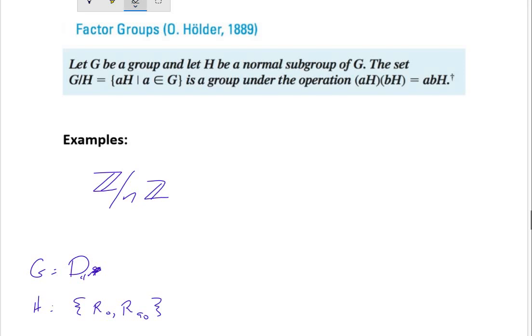Yes. All right. The subgroup generated by R90. So that would be all of those, right? Rotate it 90 degrees, 180 degrees, 270 degrees, and then you're back to the beginning. Okay? So is that a normal subgroup?